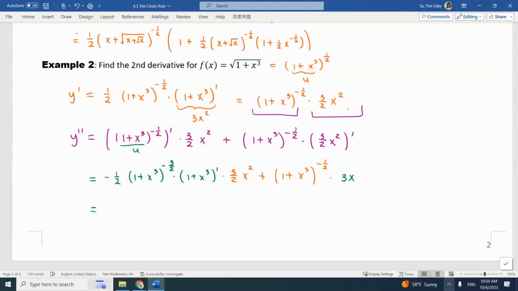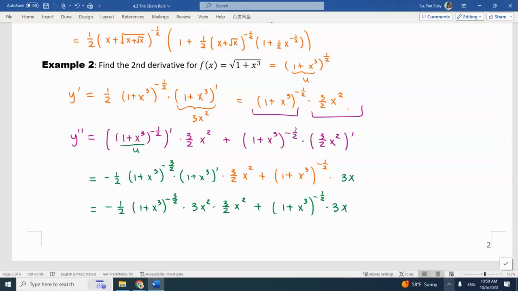Almost there. So if you don't like to simplify, it's okay. I don't require you to simplify for the last answer. But what's the derivative of 1 plus x cubed? Yes, 3x squared. Very good. And you multiply by 3 over 2x squared. And just copy all the factors down.